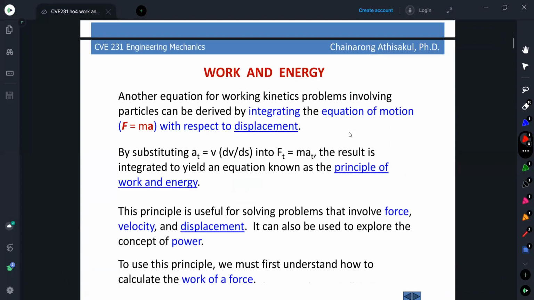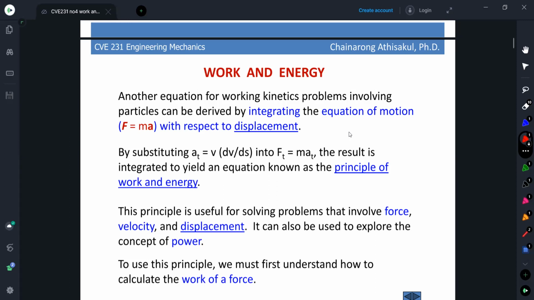Another equation for solving kinetics problems involving particles can be derived by integrating the equation of motion F equal to ma with respect to displacement, by substituting a_t equal to v dv by ds into F_t equal to m a_t.